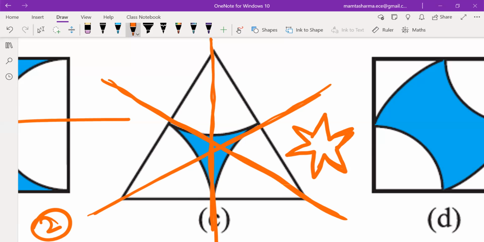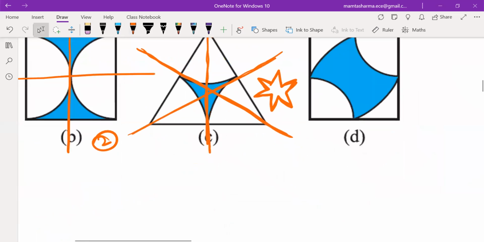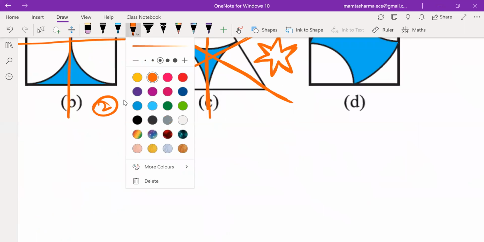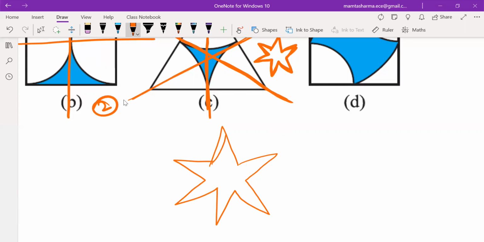If a star is having 6 triangles, it is a 6 triangle star, then 6 symmetrical lines would exist. I can show you. Wait. If this is a star, I have not made the symmetrical one. 3 is above, 3 is below.